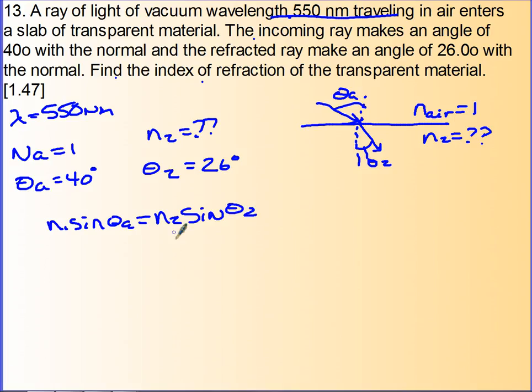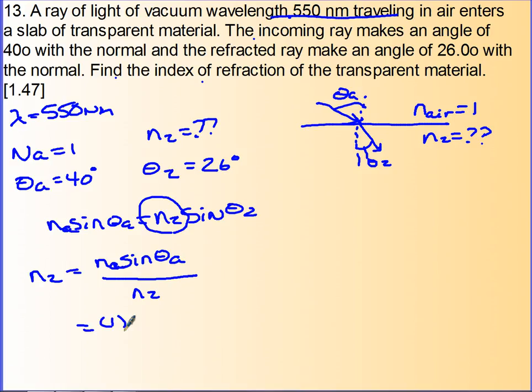Now, because we're looking for N2 and we're not trying to do any transcendental functions, let's just go and divide through. So N2 is N1 sine theta air, we can call it N air, how about that, divided by sine theta 2. Now let's plug our numbers in.